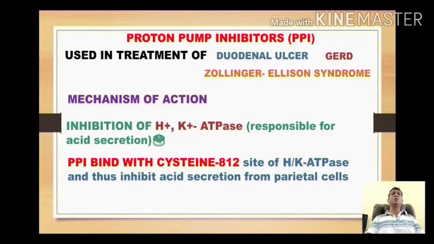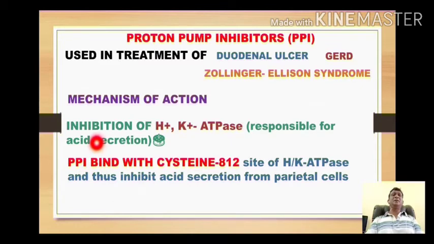Next, move on to the next category of anti-ulcer drugs, which are called proton pump inhibitors, abbreviated as PPI. These drugs are used in treatment of duodenal ulcer, gastroesophageal reflux disease, Zollinger-Ellison syndrome, and some other ulcerative conditions. Now, this is a very important point. It is the mechanism of action.